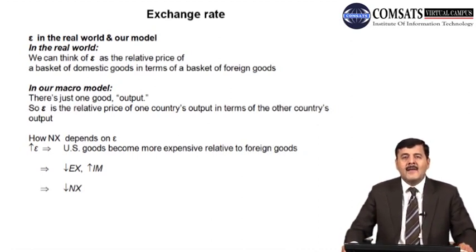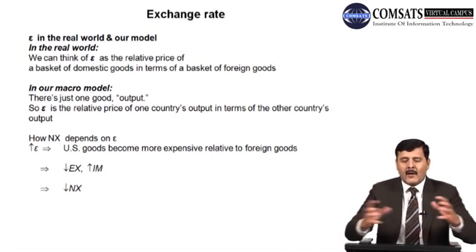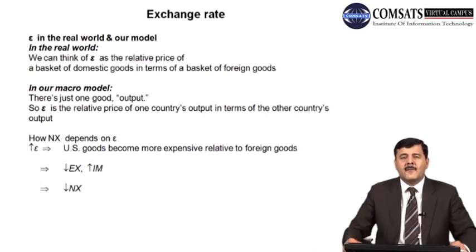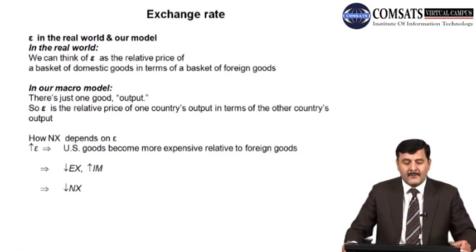Now E, the real exchange rate, is the relative price of one country's output in terms of the other country's output. So when you compare the relative output of one country in terms of other countries, that gives us the real exchange rate in the economy or in the world, right?